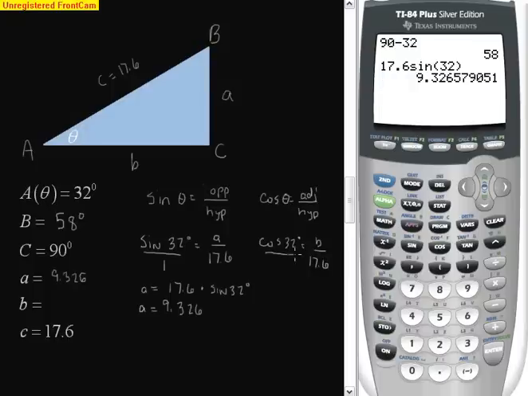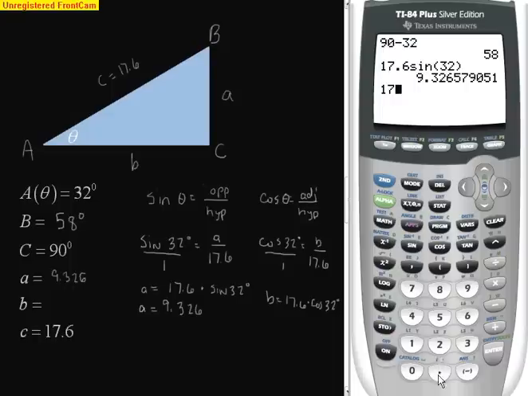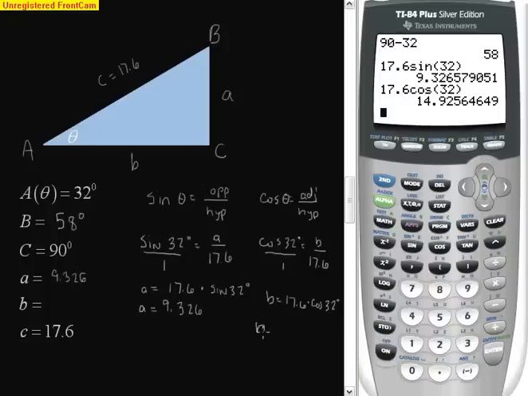Again, I can cross multiply, and I get b is equal to 17.6 times the cosine of 32 degrees. I go back to my calculator, and I wind up with 14.925. So b is equal to 14.925, and I can fill that in here.